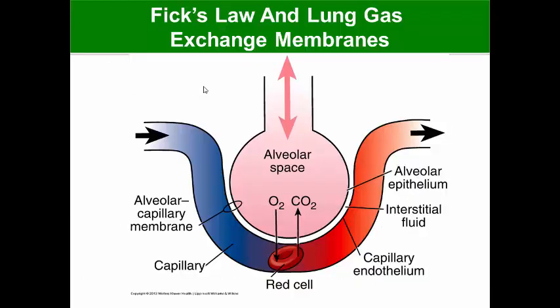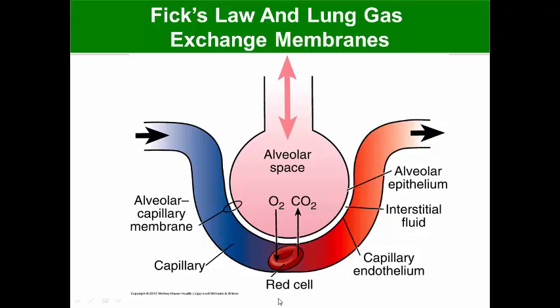So now let's apply Fick's law of diffusion to the exchange of gases across the alveolo-capillary membrane. Oxygen diffuses from the alveolar air into the blood in the pulmonary capillaries, because the pressure of oxygen is higher in the alveolar air. We mentioned that it is 100 or 102 or 104 and 5, so it is from 100 to 105 millimeters of mercury.